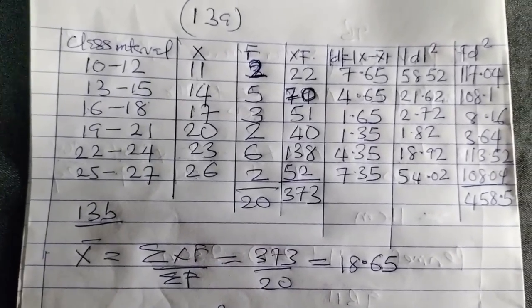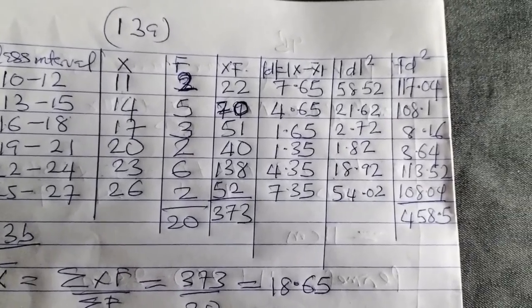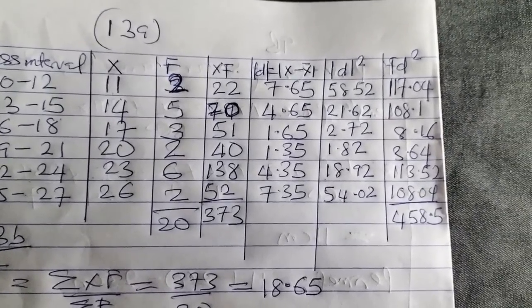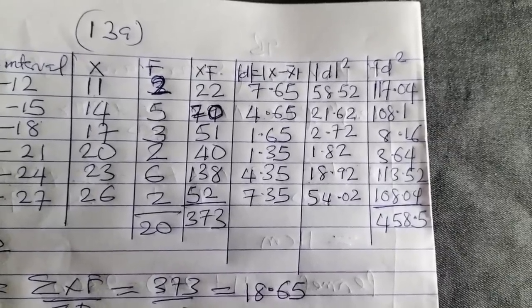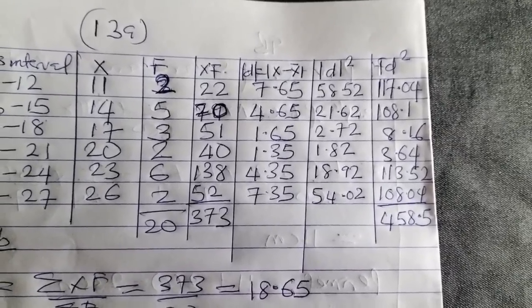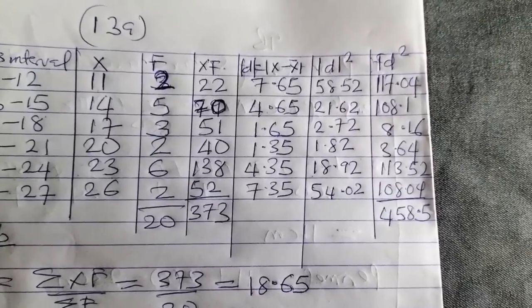Then 25 to 27 we have X value as 26, F 2, then FX 52, deviation from the mean 7.35, deviation squared 54.02, and then FD squared 108.04.